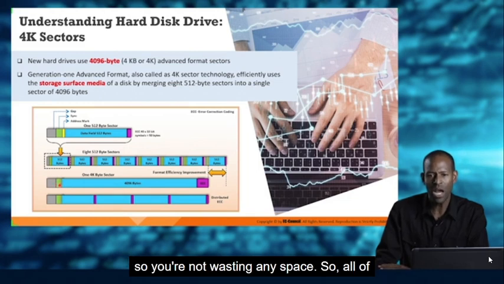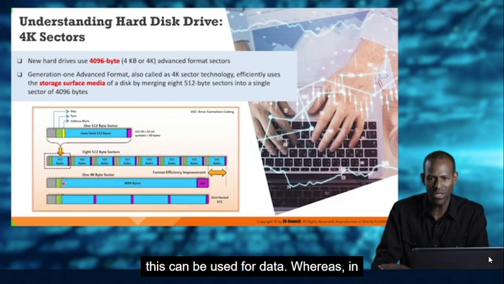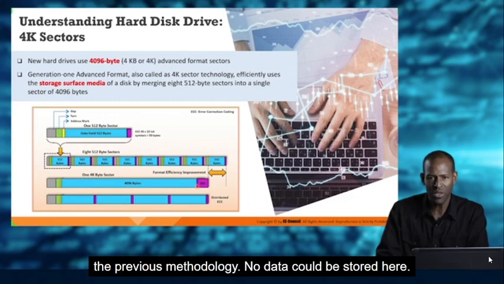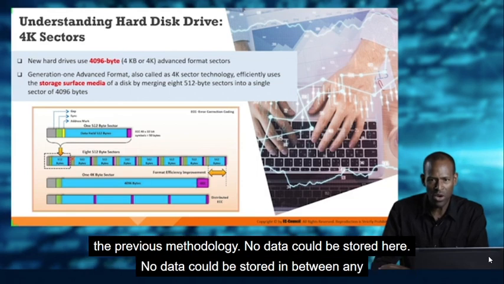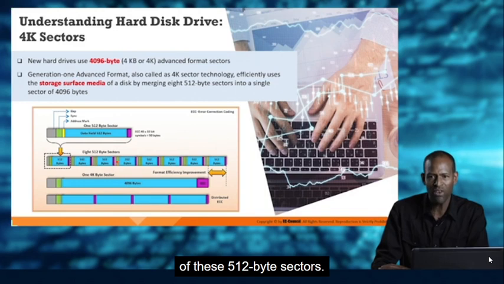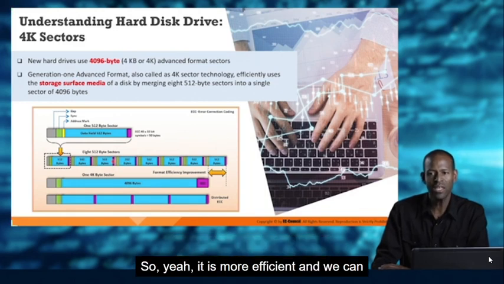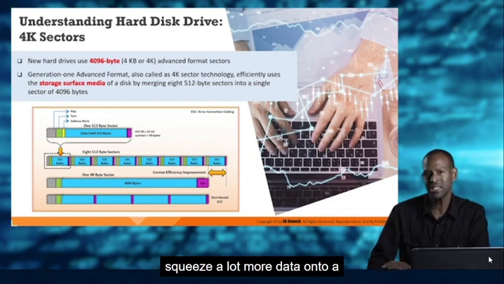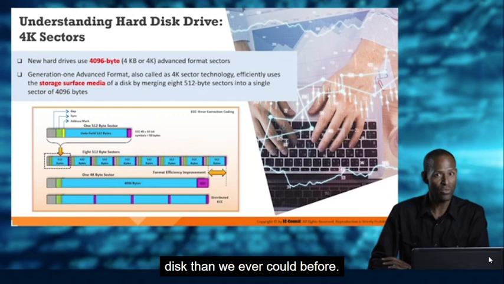And so you're not wasting any space, so all of this can be used for data. Whereas in the previous methodology, no data could be stored in between any of these 512 byte sectors. So yes, it is more efficient, and we can squeeze a lot more data onto a disk than we ever could before.